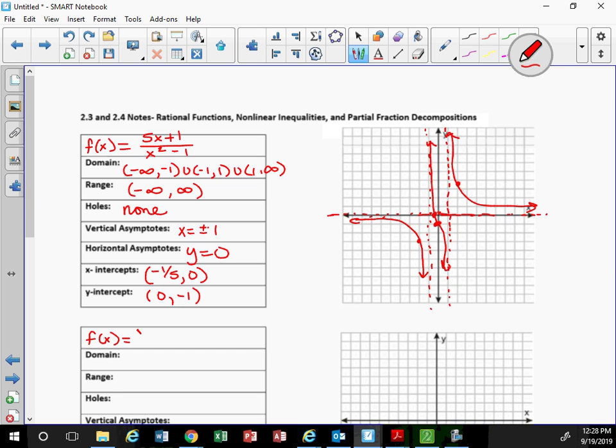All right, f of x equals x squared minus 3x plus 2 over x plus 1. Move it up for you.